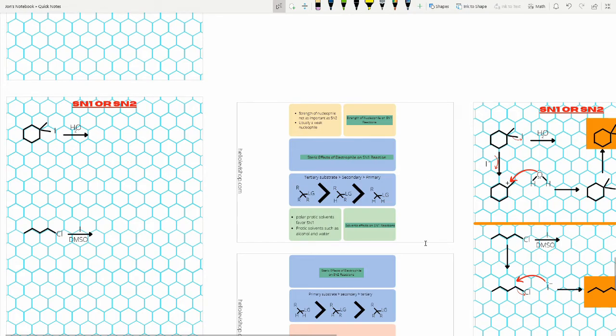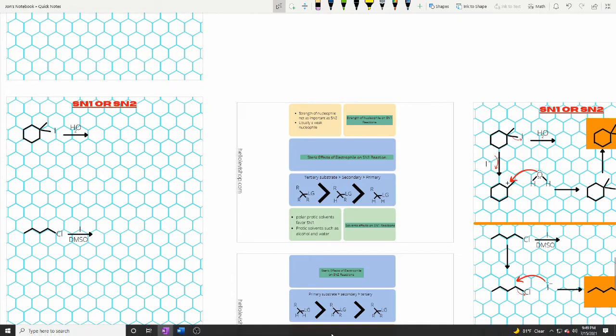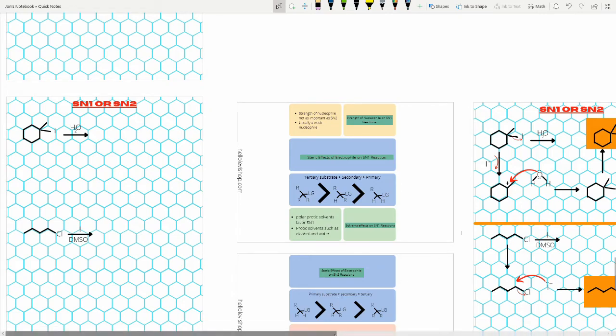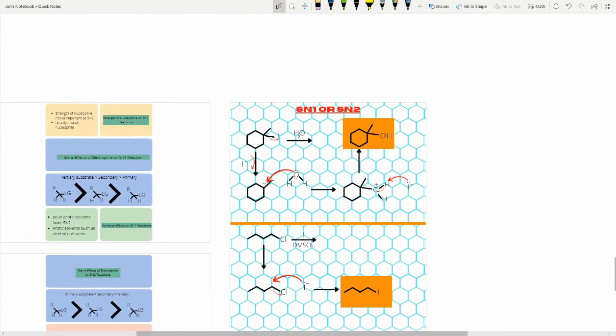Now let's see how this works mechanistically as an SN1 reaction. So we can see right here, we know the first step is the formation of a carbocation. The bonding electrons between the carbon and the leaving group leave with the leaving group, indicated by the small red arrow, as you can see right here.